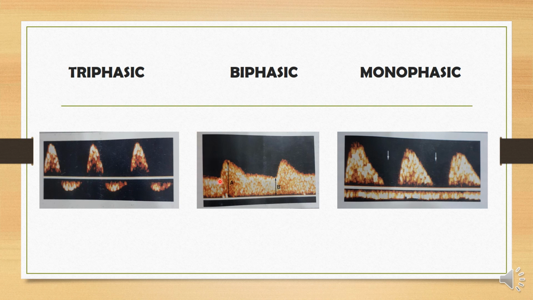In biphasic, there is a systole and there is a long diastole. So there is no reversal. And in monophasic, there is only a systolic component. There won't be any diastolic component. So basically, the triphasic and monophasic shows a high peripheral resistance, and the biphasic shows a low peripheral resistance.